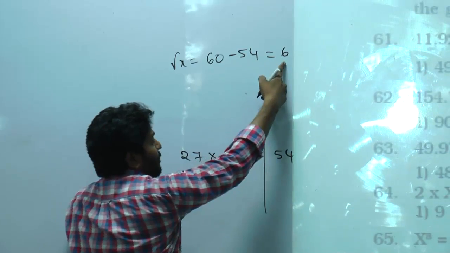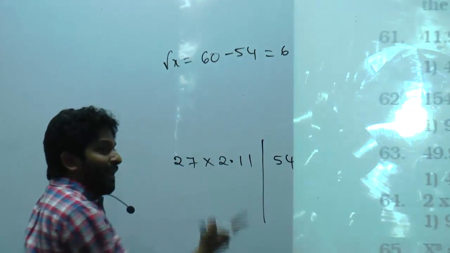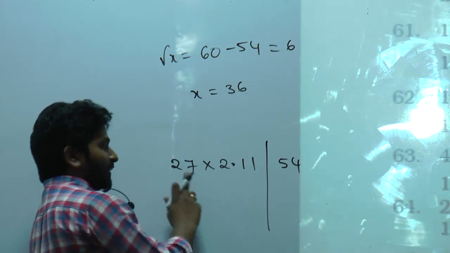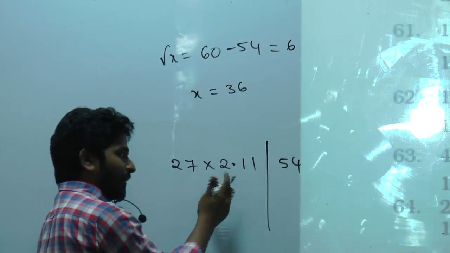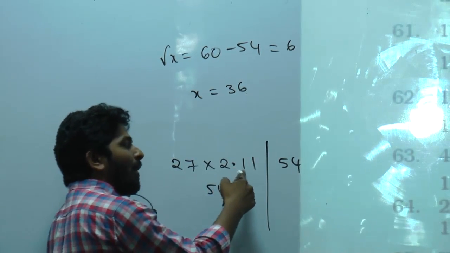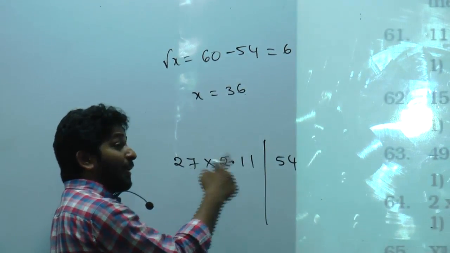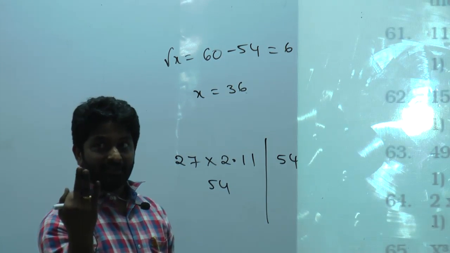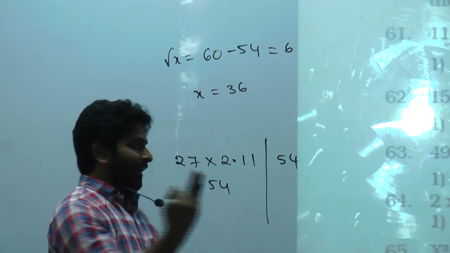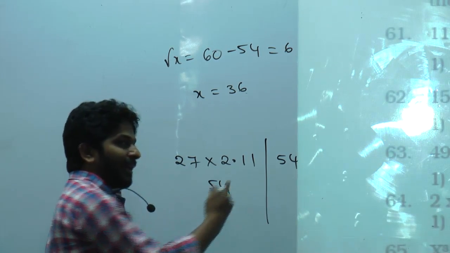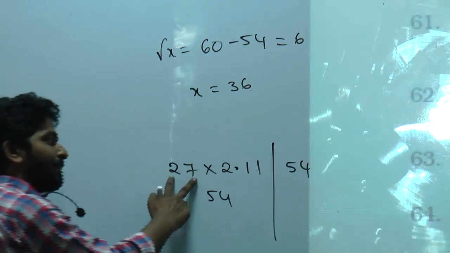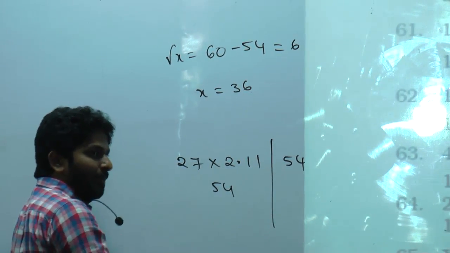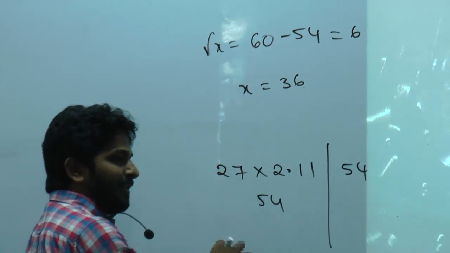If root x is equal to 6, what is the x value? 36. But 27 2 times 54. 27 into 0.11 is 3. 11%, right? 11% is 0.11. 10% is 2.7. 1% is 0.27, which is near about 0.3. 2.7 plus 0.3, 3.